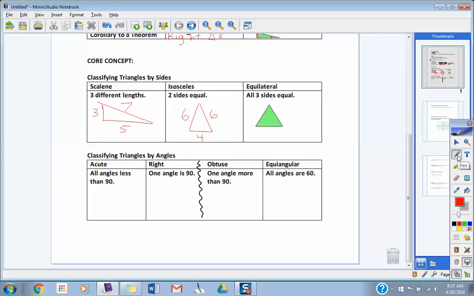They're the same. So if this is 5, this is 5, this is 5. Don't forget, they use tick marks to identify congruent lengths. So where would the tick marks go here on my isosceles triangle?